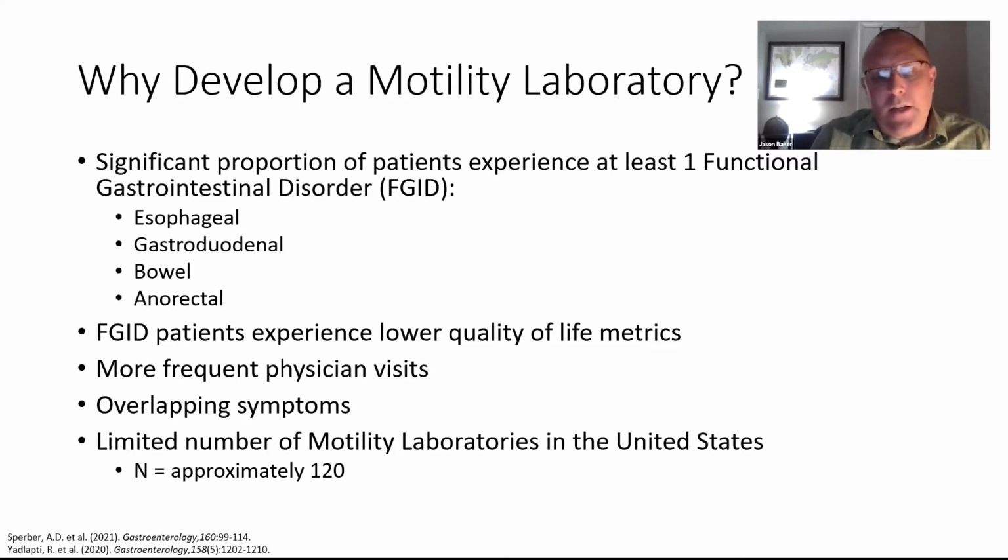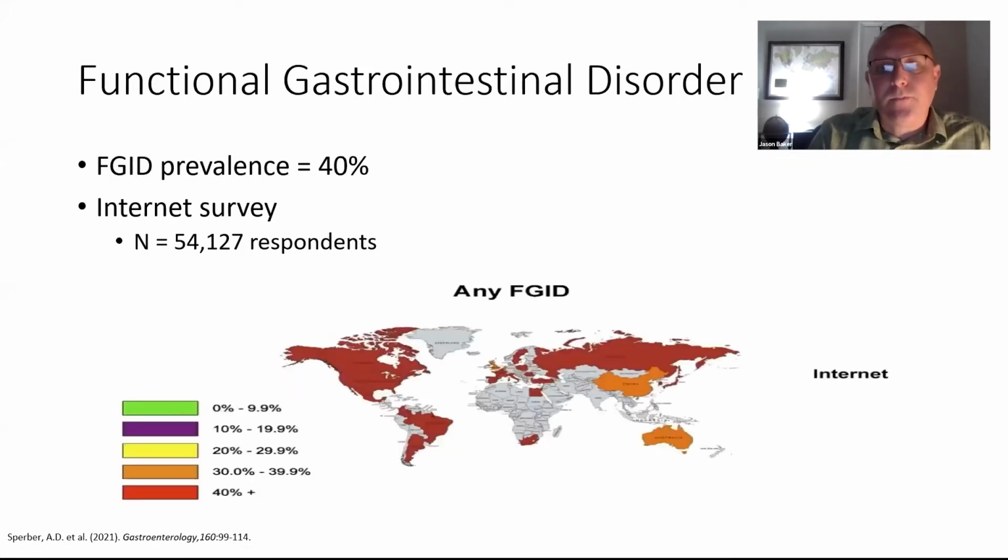And really in 2019, there's a team Dr. Yadlapalli led, showing that there's only roughly about 120 of these laboratories in the United States, which is not enough to help a growing patient base find some answers. Recently, the Rome Global Foundation did a large internet study, with over 54,000 respondents from all over the globe.